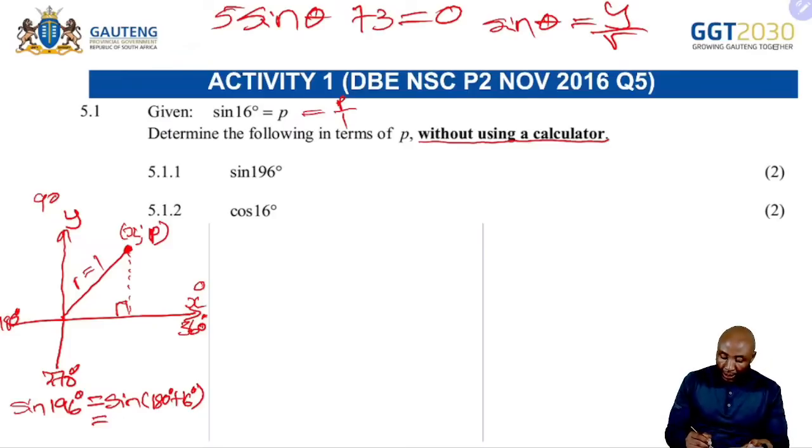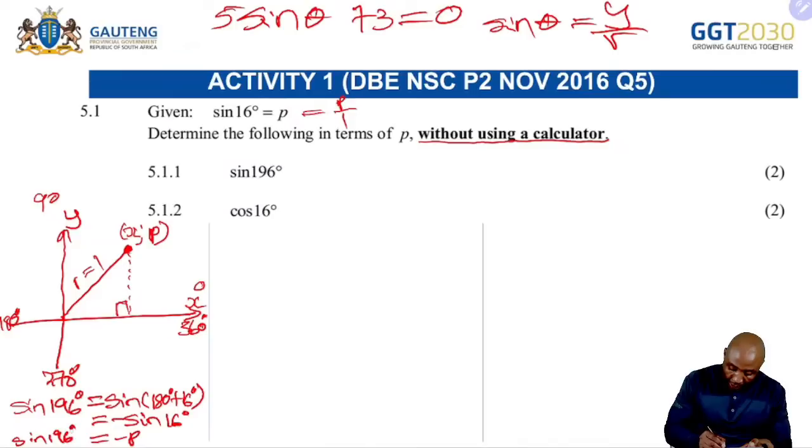And this is in the third quadrant. And we know that in the third quadrant, sine is negative. So we get negative sine 16 degrees, which means sine 196 will be negative p. So where there is sine 16 degrees, you put its value, which is p, and then we'll get sine 196 degrees is equal to negative p.